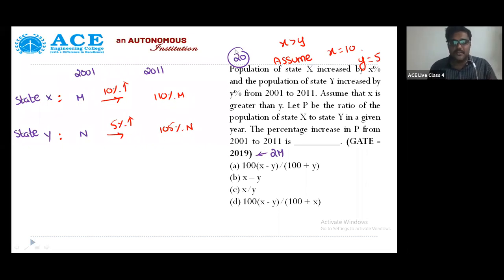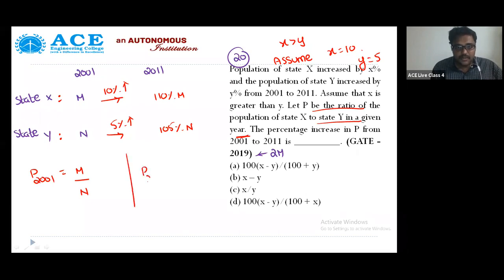Next, P is the ratio of state X and state Y population in a given year. So P in 2001 is state X population in 2001 with respect to state Y, whereas P in 2011 is state X population in 2011 with respect to state Y population. Now here I can say this is 22 by 21.